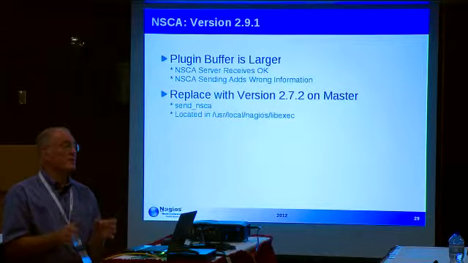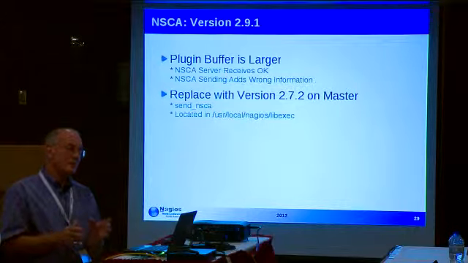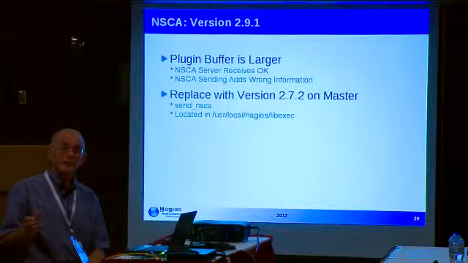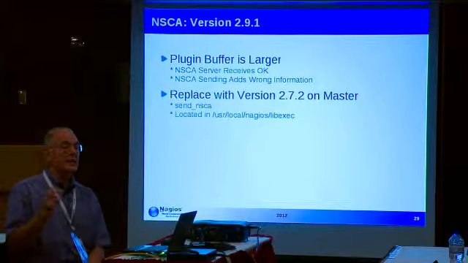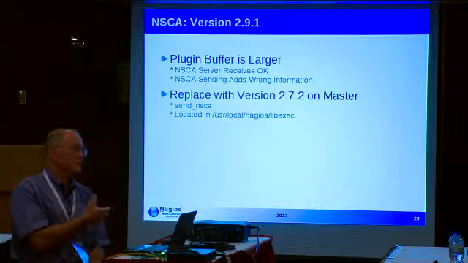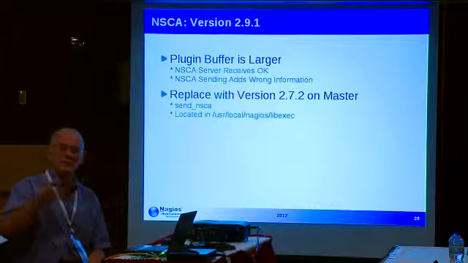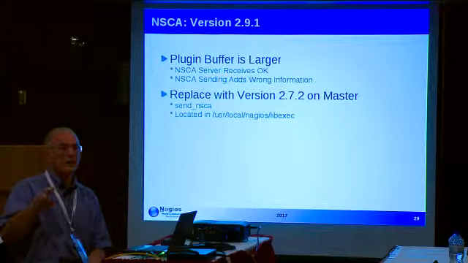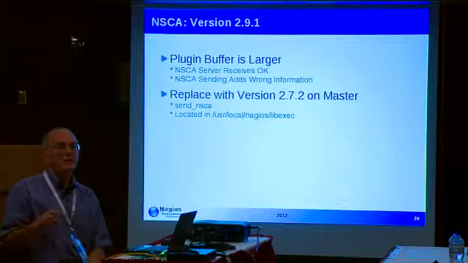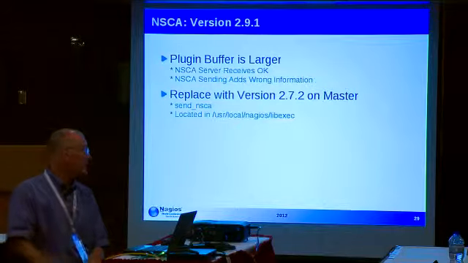The NSCA daemon has a bigger buffer and it can collect the information. Unfortunately, with the client, when you use send_nsca, the larger buffer has a tendency to pull in information from other service checks. So you'll see your service check is a disk check, and you'll see information about users underneath it. So the buffer doesn't work quite like everybody wants.